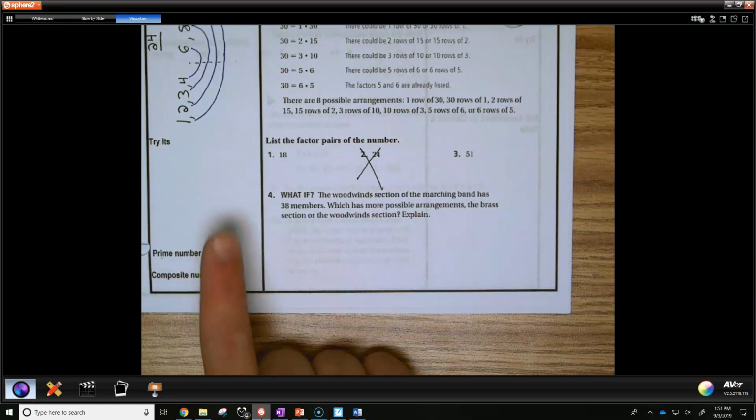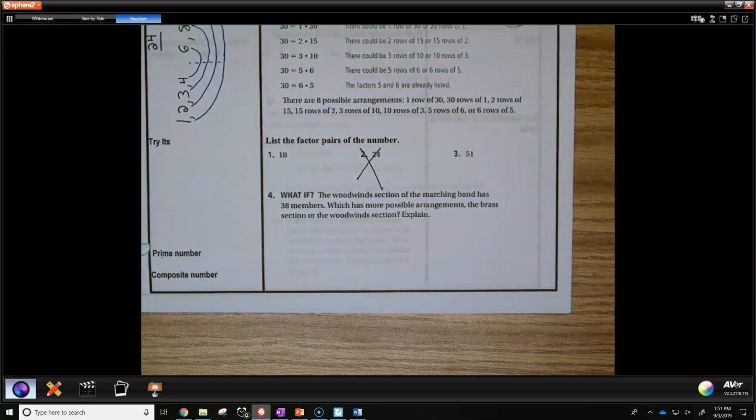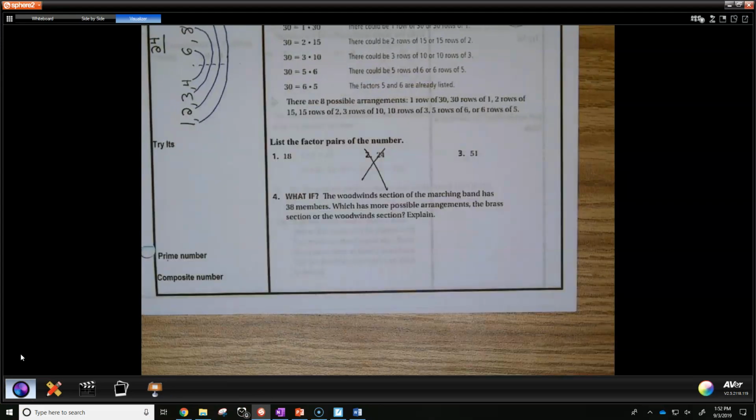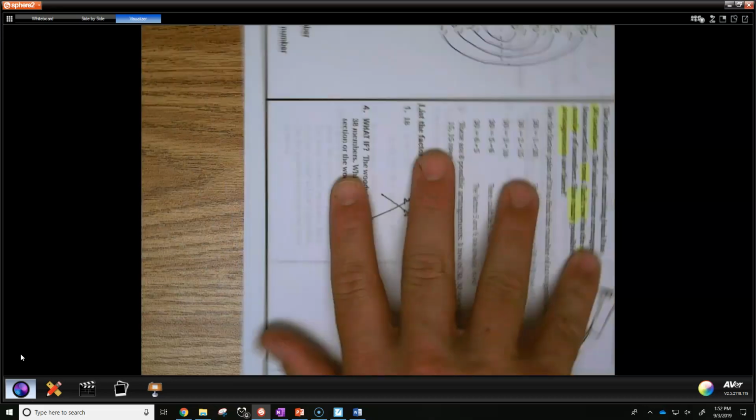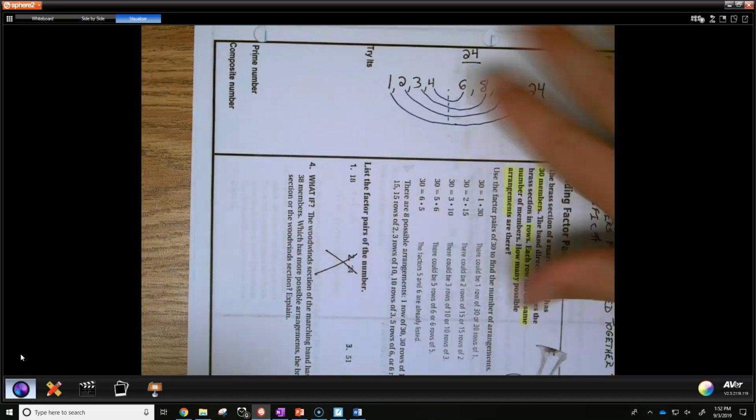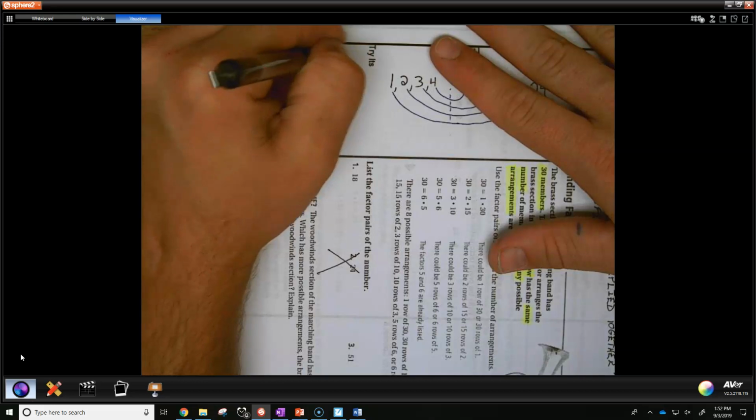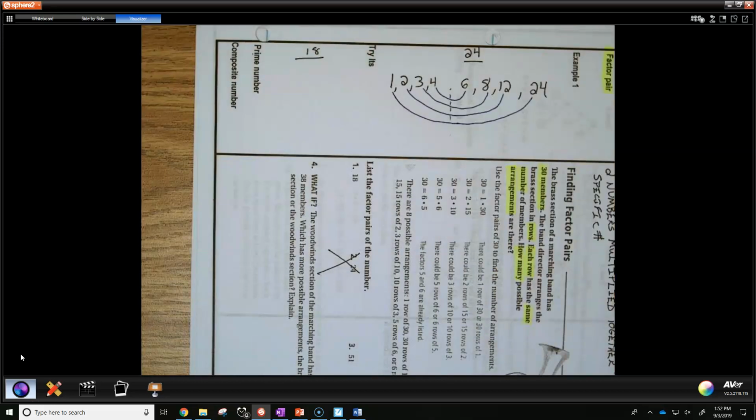I want you to do 18 and then do number 3. Number 3 is going to be worth a Lynx buck because I don't know if you can get it. Okay, I'm gonna pause. Coming back together. So, factor pairs of 18. Let's turn this sideways. We'll see if we can get them. I'm going to do 18 right here. Who thinks they have them?